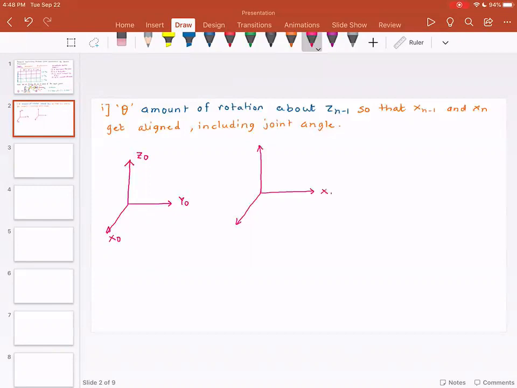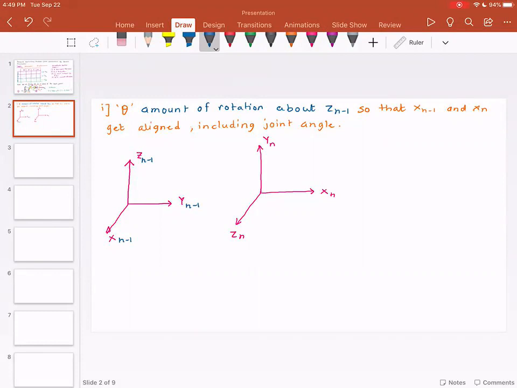So you have Zn minus 1, Yn minus 1, Xn minus 1, and Zn, Yn, Xn. I have two frames which are both right angle coordinate systems.